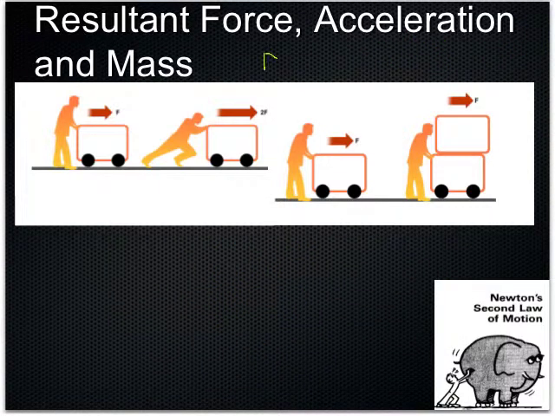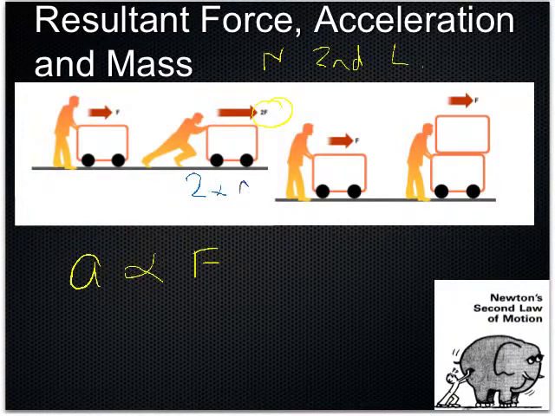Now Newton's second law also tells us that the size of this acceleration is proportional to the force. In other words, double the force, you have 2 times the acceleration. And we also know that acceleration is inversely proportional to mass.